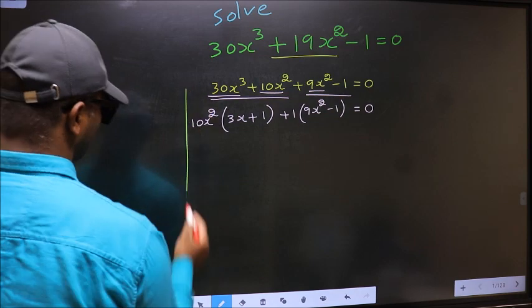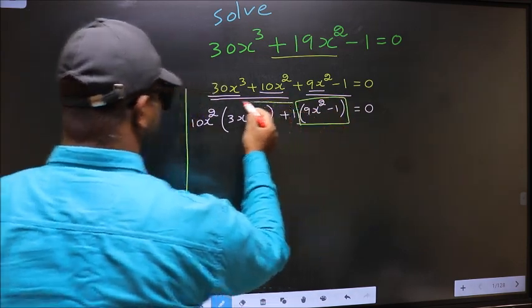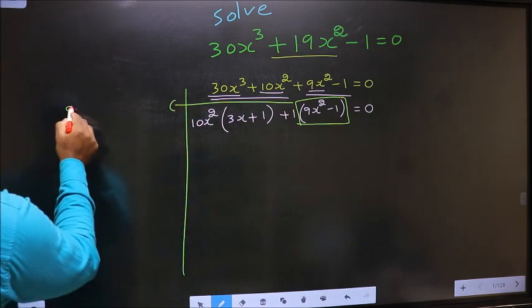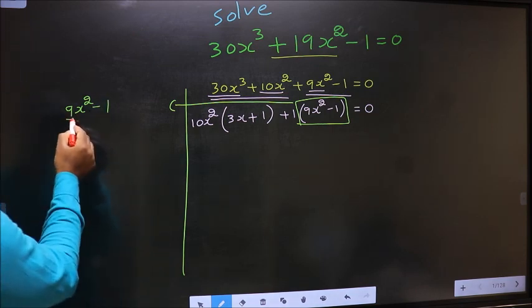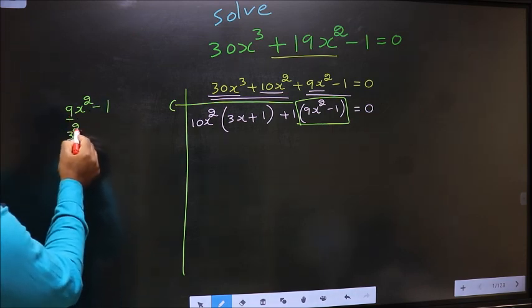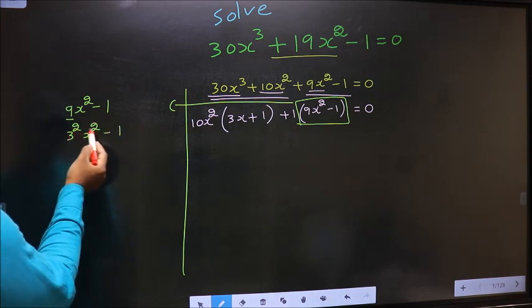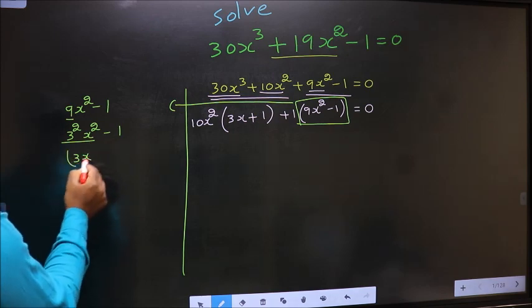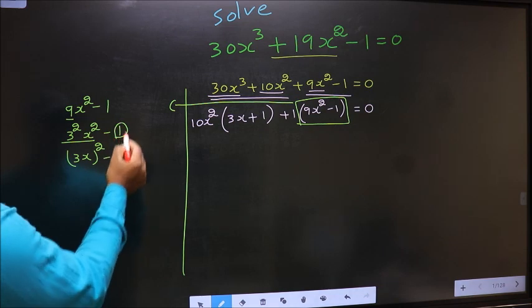Now this bracket, I will simplify this here, that is 9x² − 1. So in place of 9, now I write 3², x² − 1. Now square is on both, so this will become (3x)² − 1².